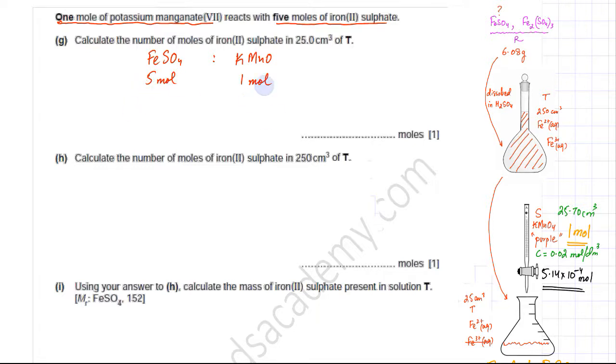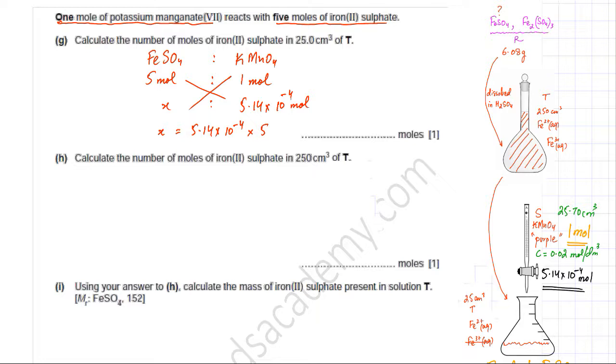So we have 5.14 into 10 raised to the power minus 4 moles of KMnO4 in a burette. So what would be the quantity of FeSO4 that would react with it? So using the unitary method, using simple ratios, X, the number of moles of FeSO4, would be equal to 5.14 times 10 to the power minus 4 multiplied by 5.